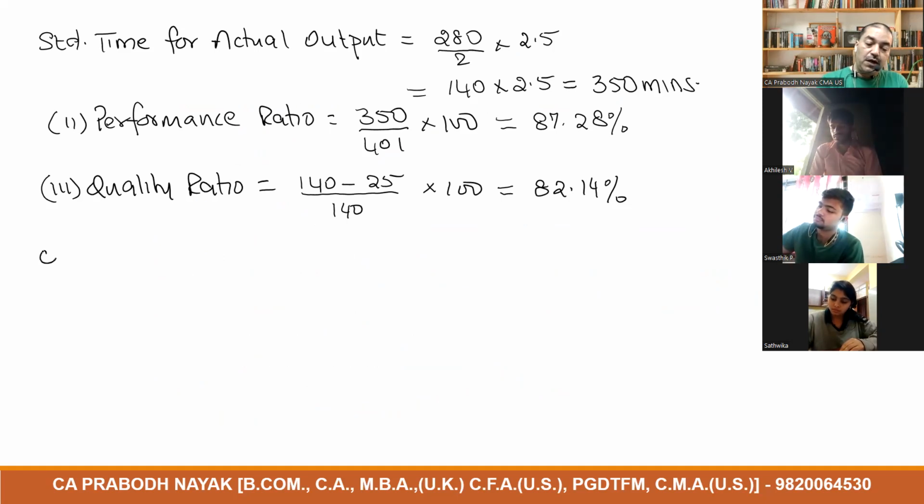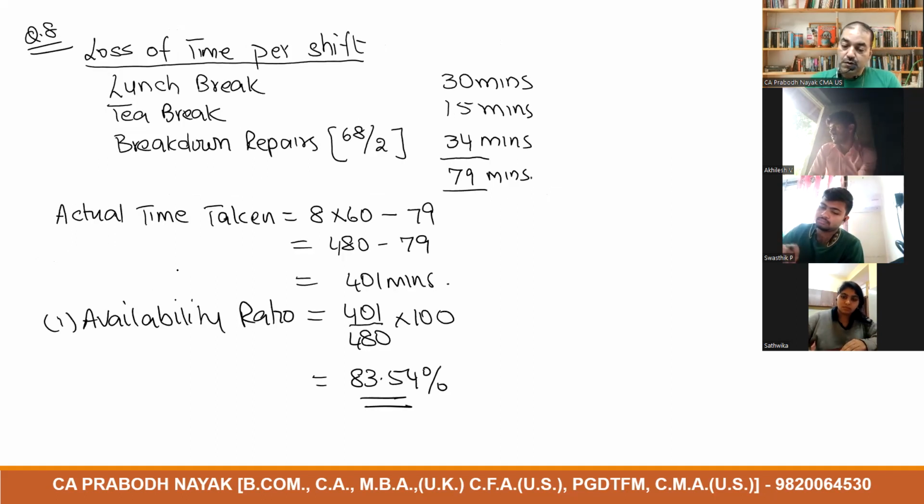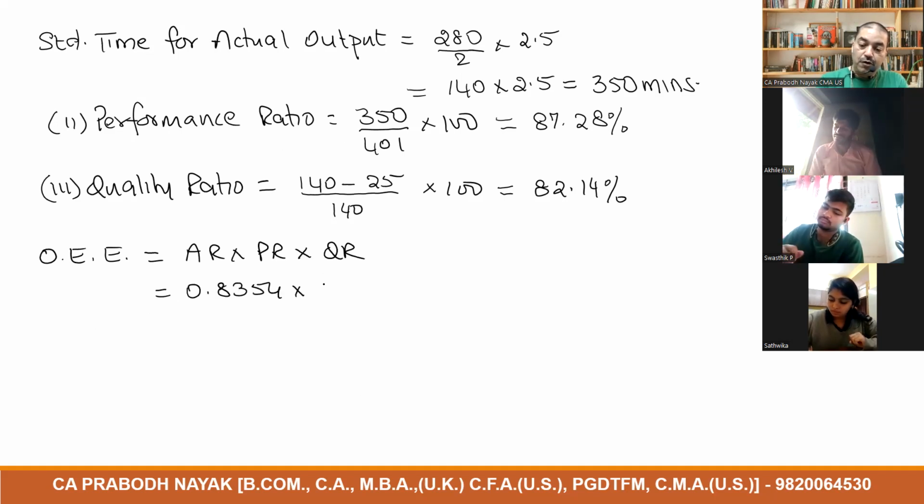And then you have calculation of OEE: availability ratio into performance ratio into quality ratio. 0.8354, 0.8728, 0.8214.